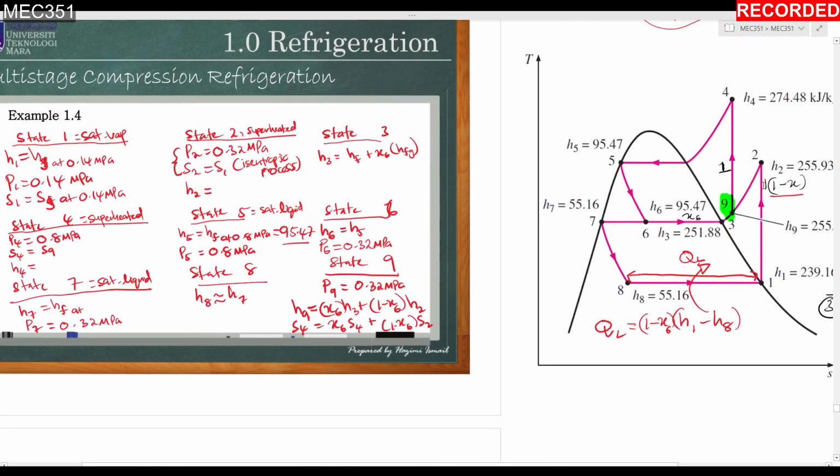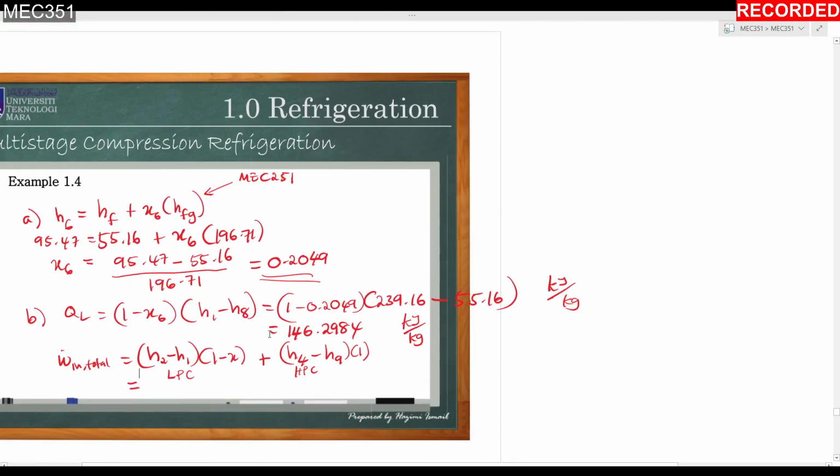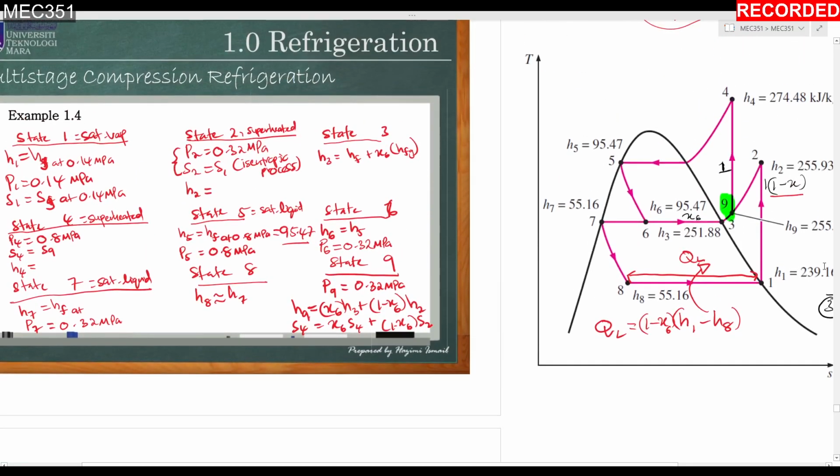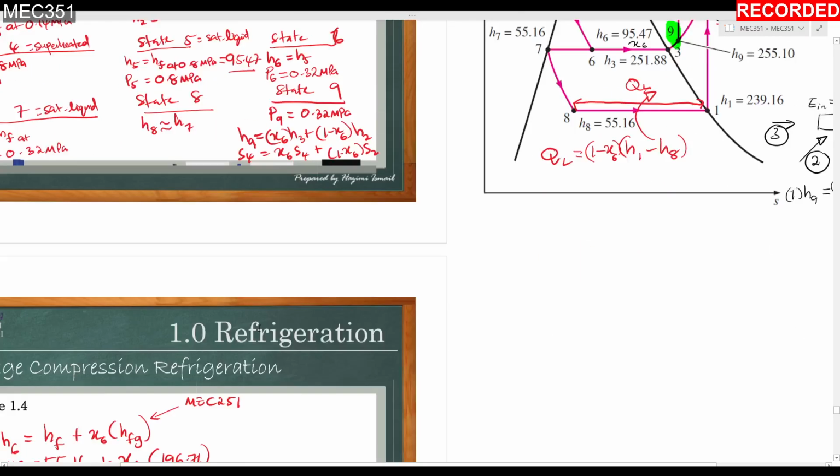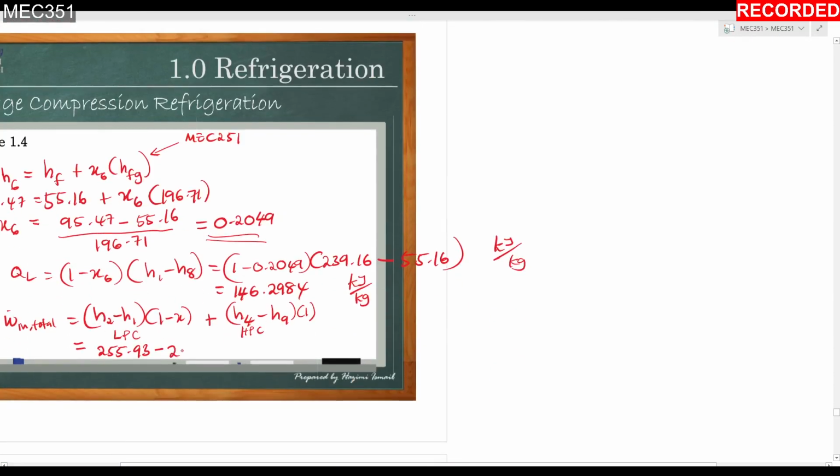H2 255.93 minus H1 239.16 multiplied with 1 minus x6 here, so 1 minus 0.2049, and plus H4 minus H9.